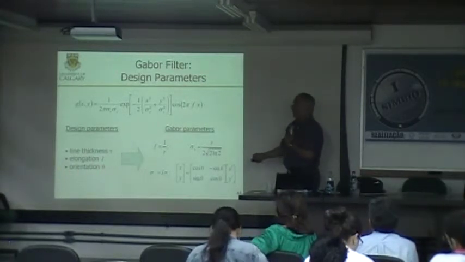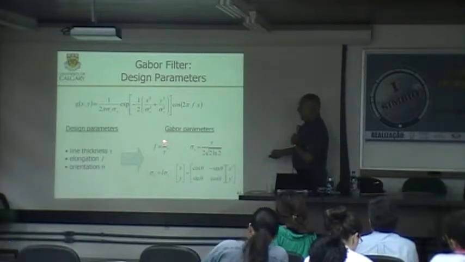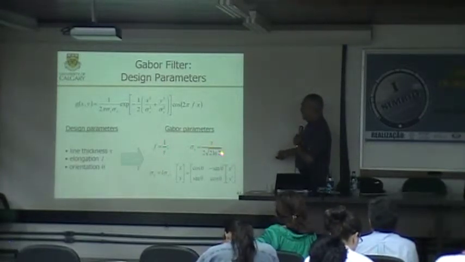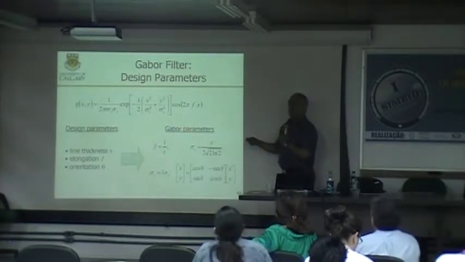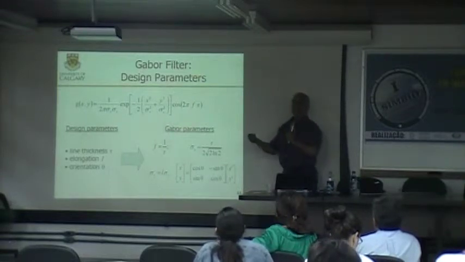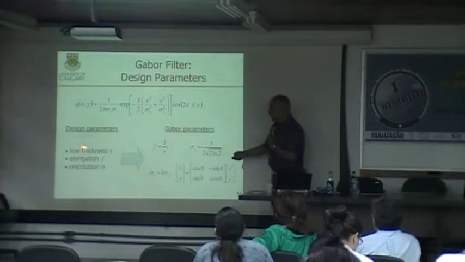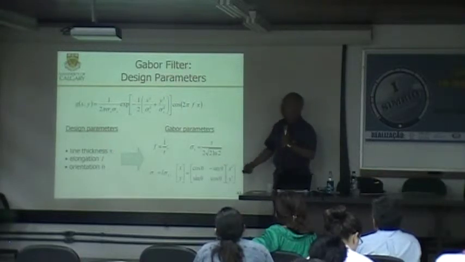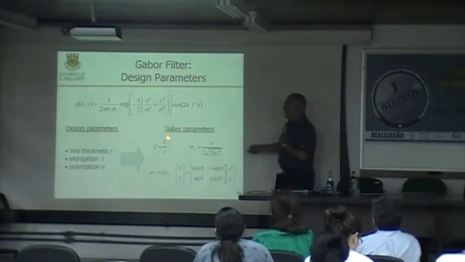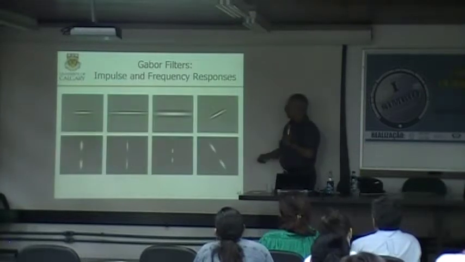Orientation theta, how many filters do you want? F is 1 over tau, sigma x is tau divided by a scale factor. Sigma y is L times sigma x. We believe this is an easier design, more intuitive, easier to design and apply and adapt to various applications because of this factor tau. The frequency F is related to tau also.